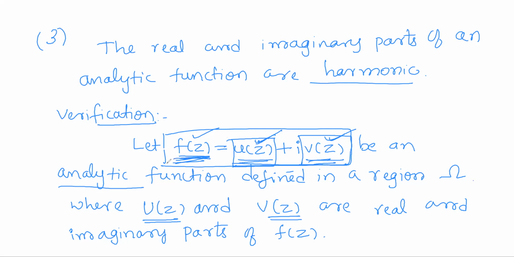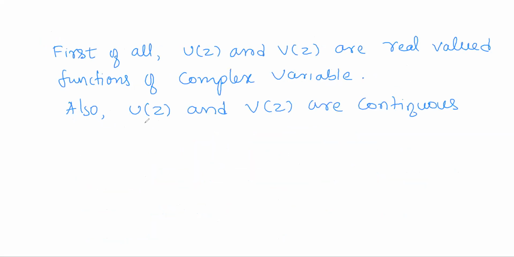So existence of partial derivatives of f directly implies the existence of partial derivatives of u and v, and they will also be continuous. So this follows by the only fact that f is analytic. And u and v are continuous together with partial derivatives of first two orders.